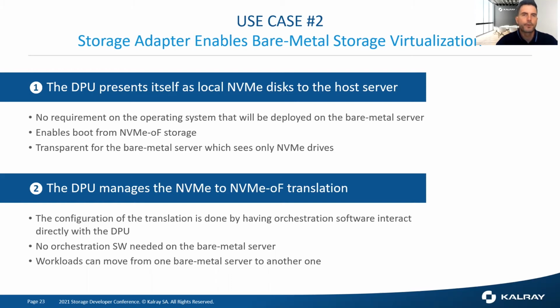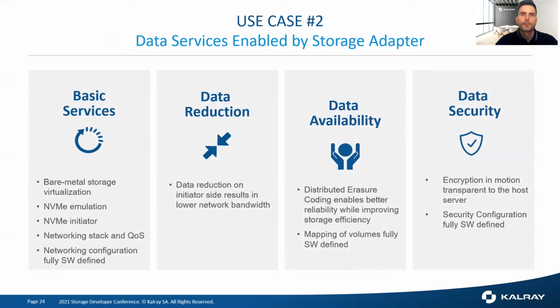So really, as you can see, thanks to this storage adapter in servers, we enable bare metal storage virtualization by using DPUs. In terms of data services, this storage adapter is bringing a lot of opportunity for system optimizations.